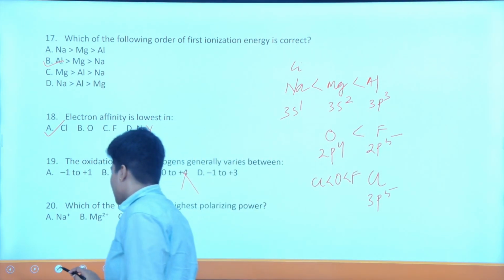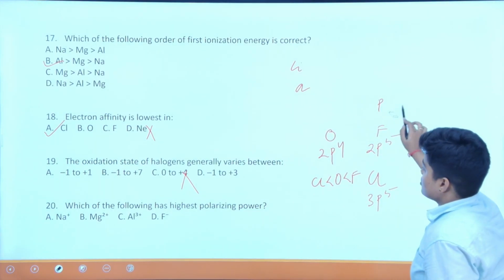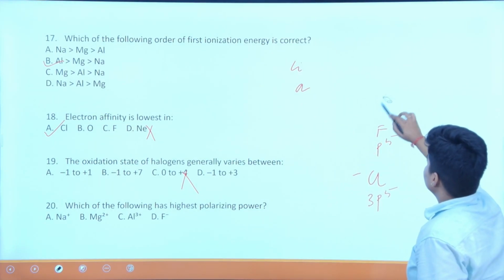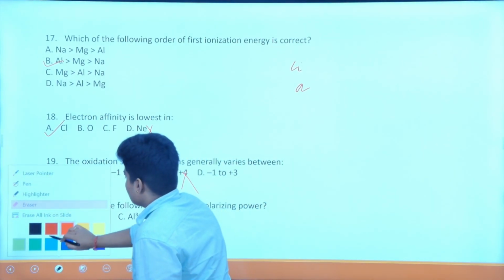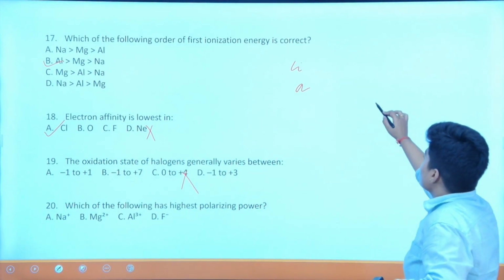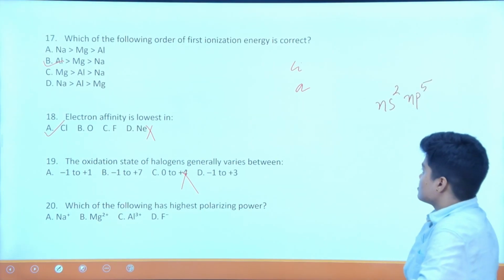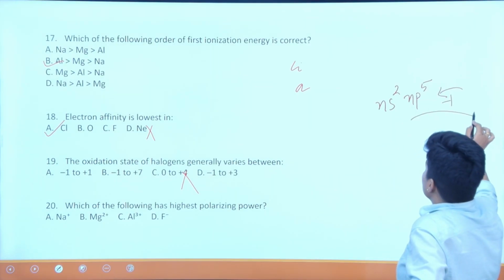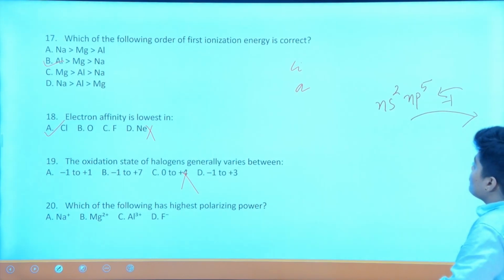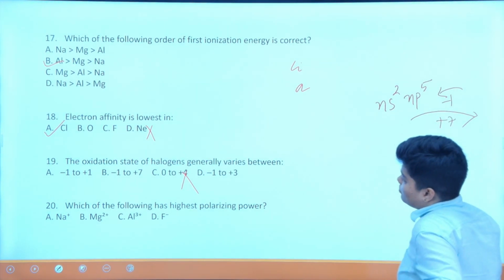If you write the outermost electronic configuration of the halogens, for fluorine, chlorine and bromine, it is ns2 np5, the general electronic configuration for halogens. If one electron is added, it will be -1. If we remove all 7 electrons, it will be +7. So -1 to +7 will be the answer.